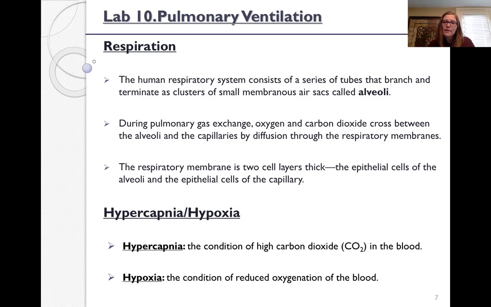Hypercapnia and hypoxia are two conditions that we look at. Hypercapnia is the condition of too much carbon dioxide in the blood, and hypoxia is the condition where you have not enough oxygen in the blood. So those are just a few other odds and ends that we look at during this pulmonary lab.